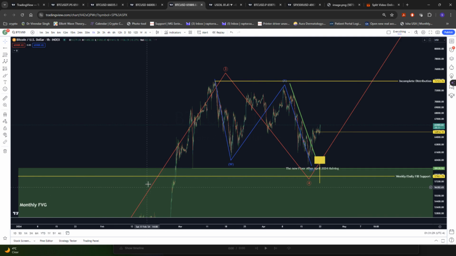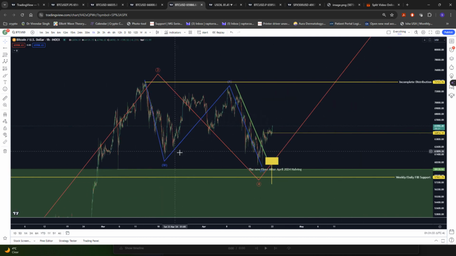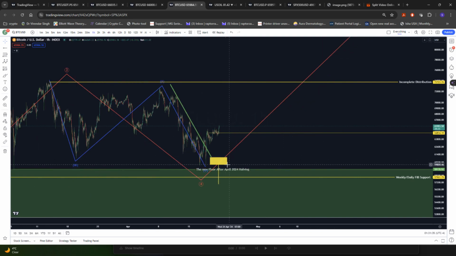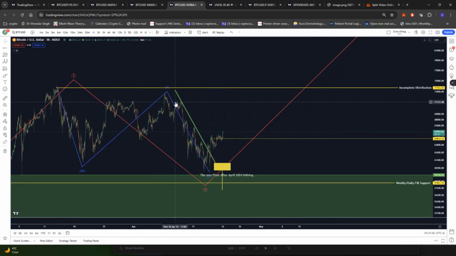This is an uptrend. The move is to the upside. So after you think the correction is over, you enter a trade in the direction of the trend. So how do we know whether this move is over?